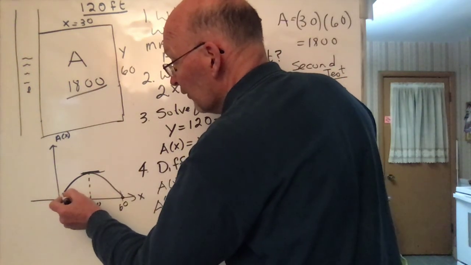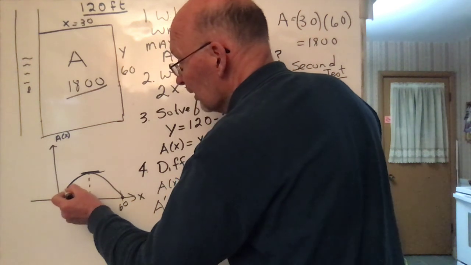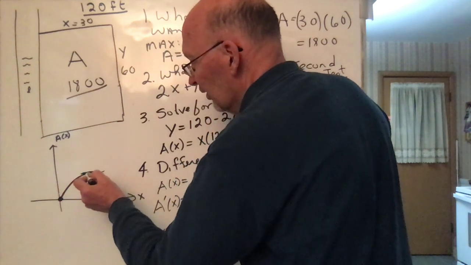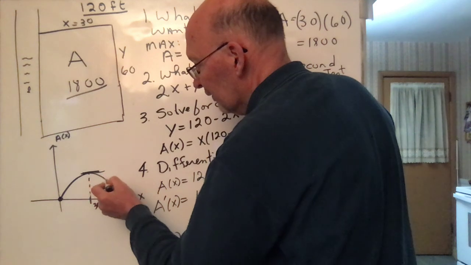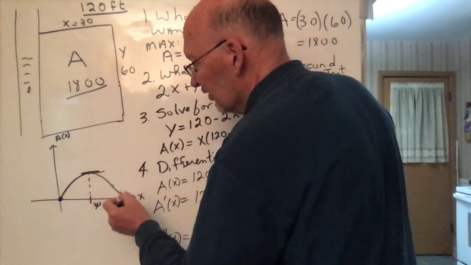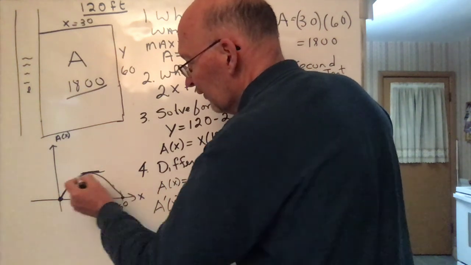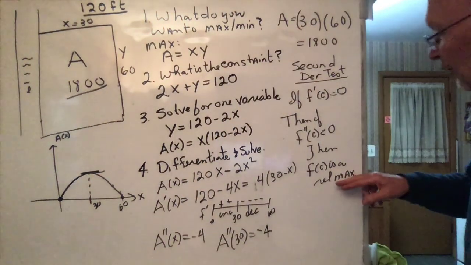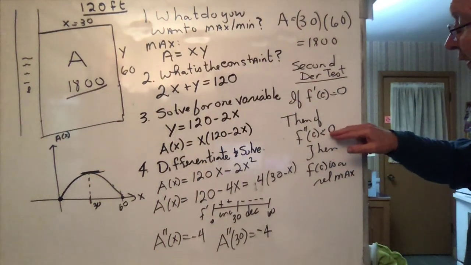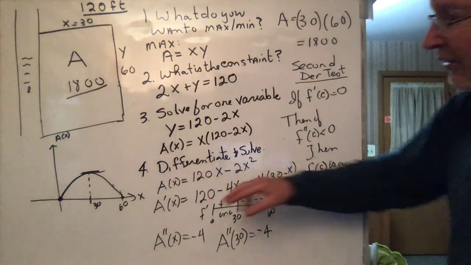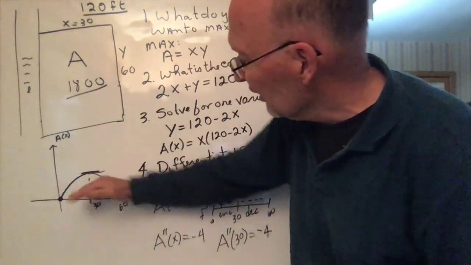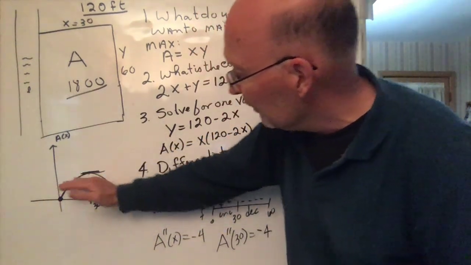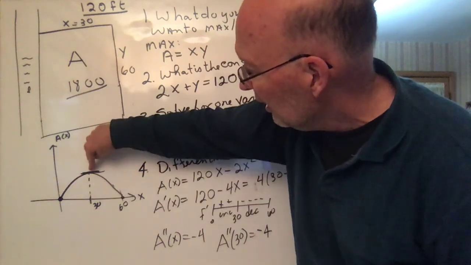Notice what's happening to the first derivative here. It's starting at whatever, 3, 2, 1, 0, -1, -2. It's decreasing as you go. See that? The first derivative is decreasing, and if the first derivative is decreasing, it basically means it's concave down, and you've got yourself a relative max.